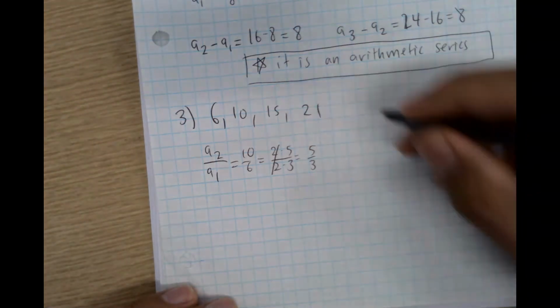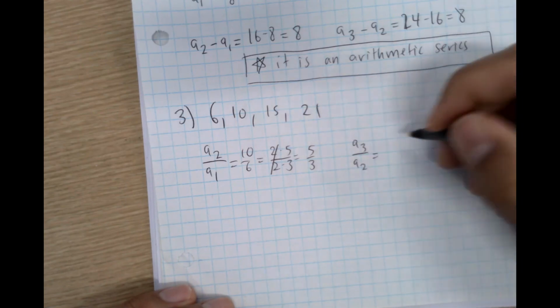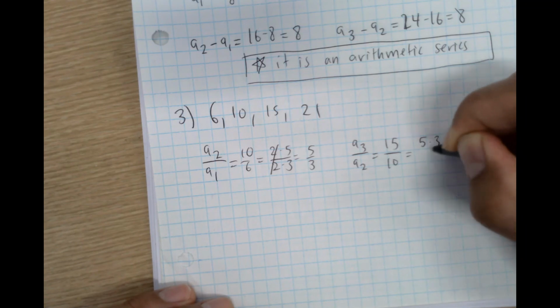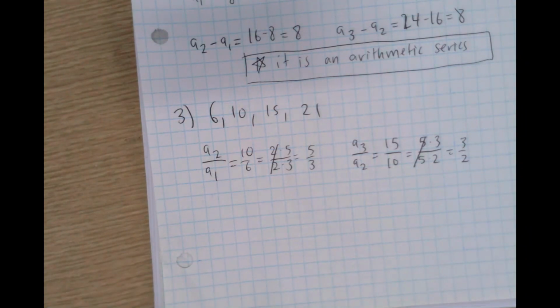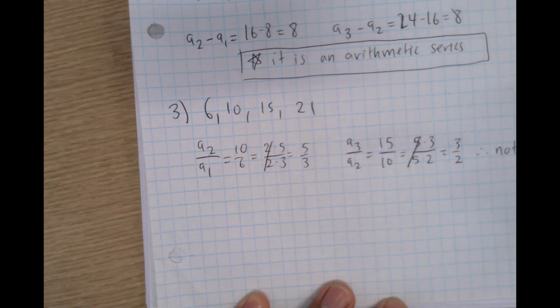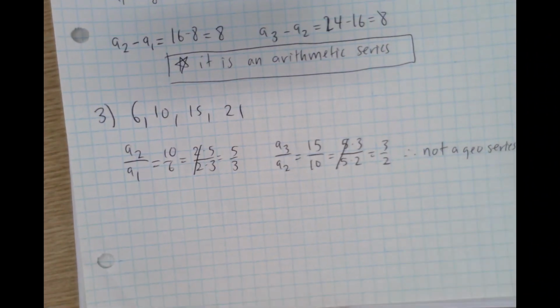And then we have A3 divided by A2, which is 15 divided by 10, which is 5 times 3 over 5 times 2, and that's equal to 3/2. So 5/3 is not the same as 3/2, therefore it is not a geometric series.